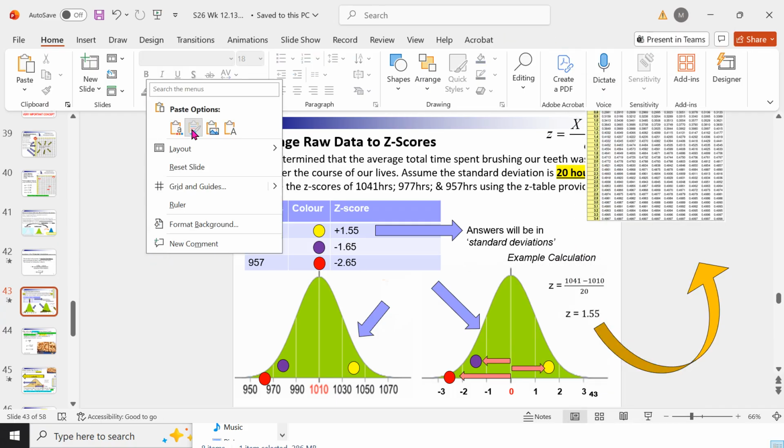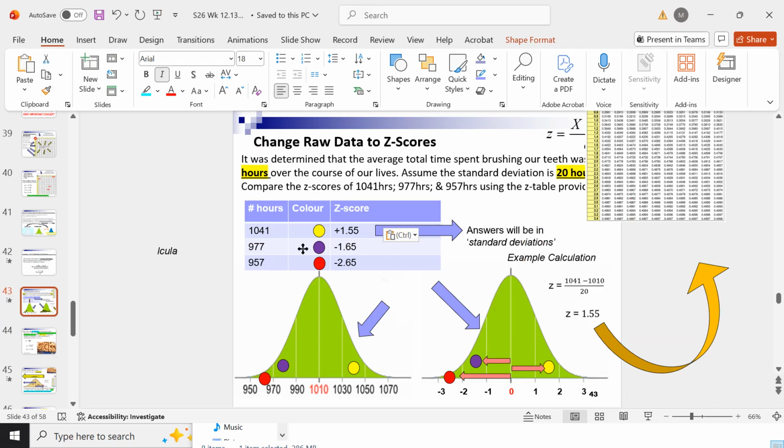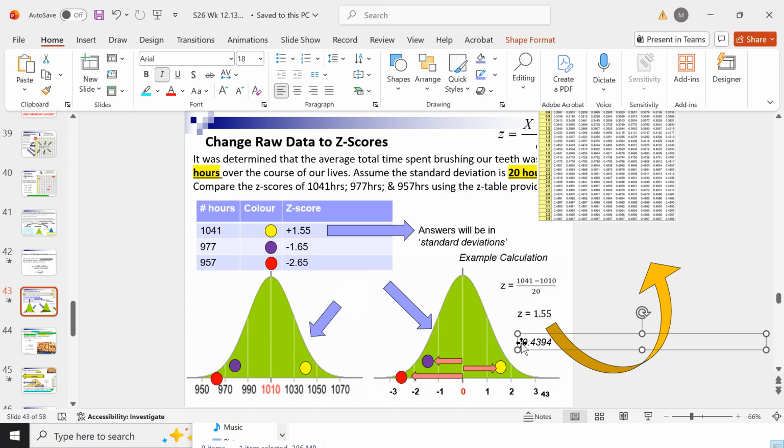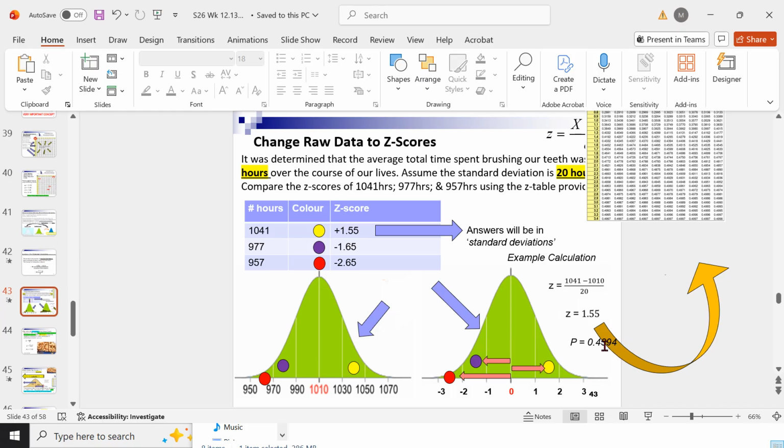That is 0.4394. So that's the probability, right? Probability equals. All right. So that is what we're looking at. That's the probability. And that's about where we were.